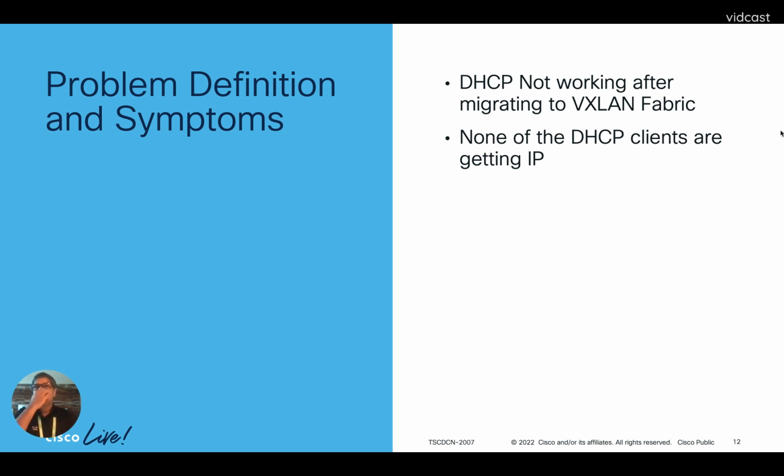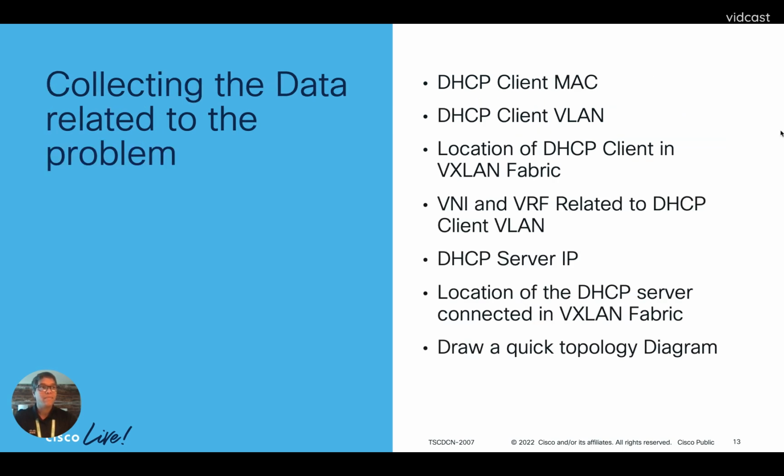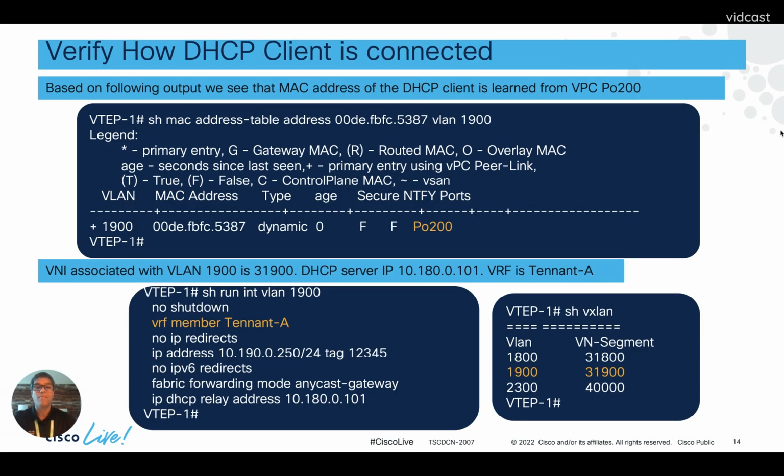In this kind of problem, you collect information like client MAC address, client VLAN information, location of the DHCP client in the VXLAN fabric, L2VNI, VRF information, how the DHCP server is connected, to what VTEP, and what is the server IP address. Based on that, you draw your network topology diagram. So in the next slide, let's see how to collect this basic information.